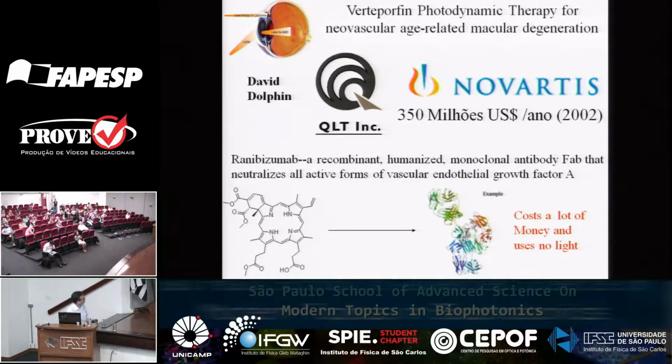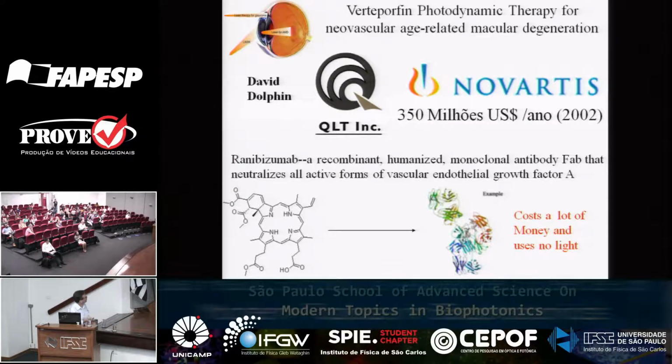He was an organic chemist. He worked a lot in the initial development of PDT in very important research centers in the US, and then moved to Canada. And then he had many different compounds, and he founded the company QLT Incorporated for a drug.